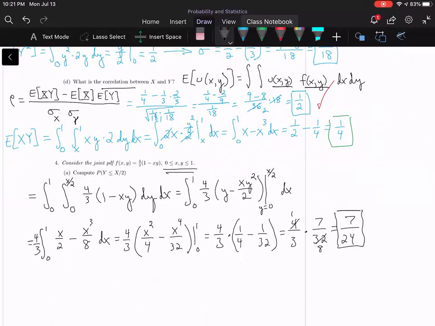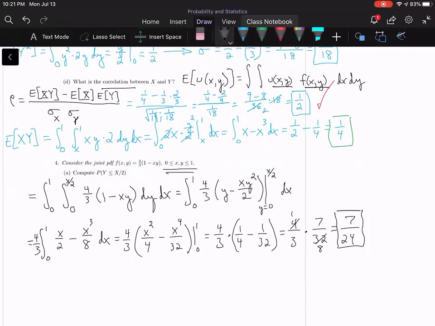But X and Y, they're both between 0 and 1. But you don't know which one is bigger. It doesn't say that one must be less than or equal to the other. You just know that they're both between 0 and 1 or equal to.